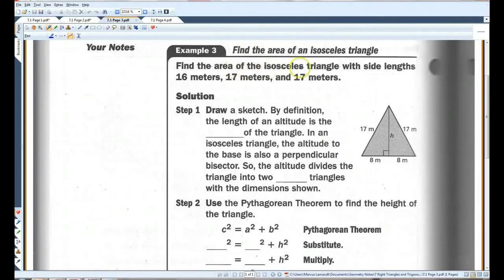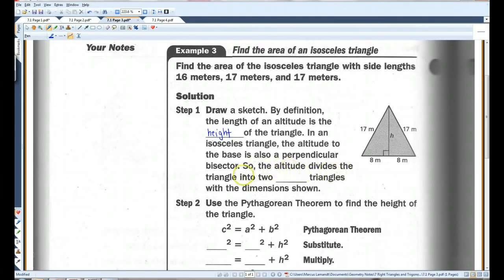Find the area of the isosceles triangle with side lengths 16 meters, 17 meters, and 17 meters. Okay, so they've drawn a sketch for us. By definition, the length of an altitude is the height of the triangle. In an isosceles triangle, the altitude to the base is also a perpendicular bisector.